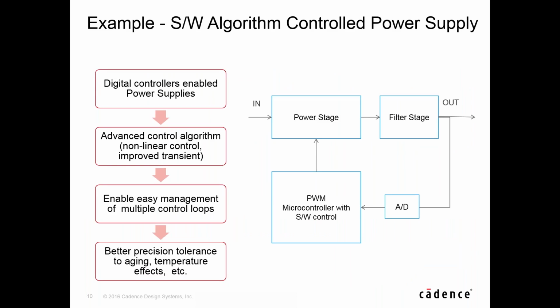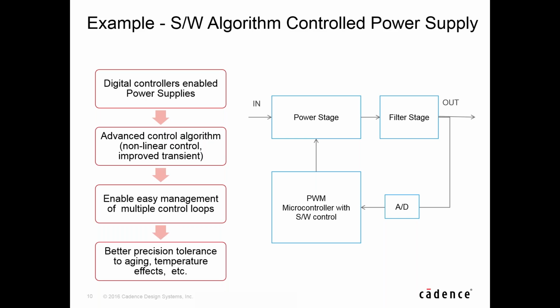And here's a typical example of what a lot of people are using this for in PSpice today. If you imagine a power supply, you can now have a digital software-controlled power supply where you'd have a power stage, an output stage, and then some sort of A to D feedback loop into some sort of microcontroller. They can then sense that output and then, using software algorithms, drive the power supply.